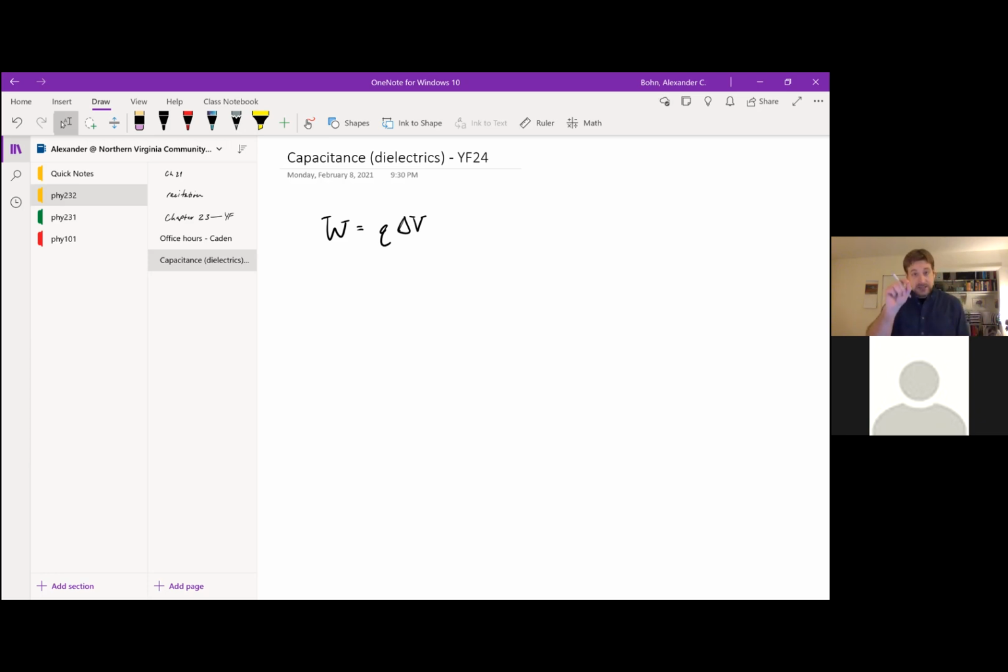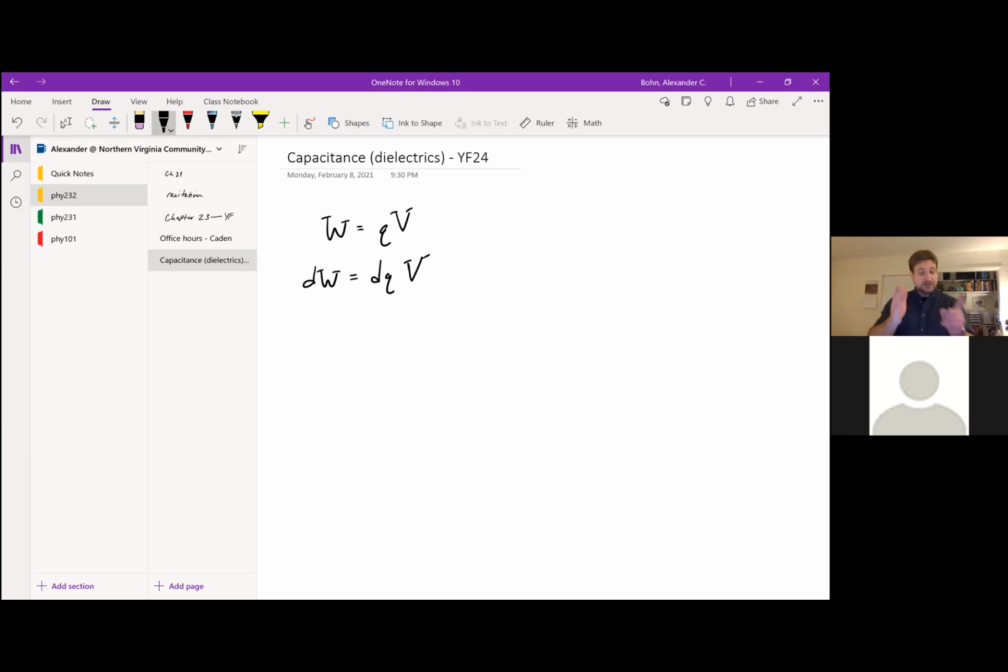So if we talk about a very small potential difference, well, let's talk about a very small amount of charge, dq, through some potential difference, V. We could integrate this.